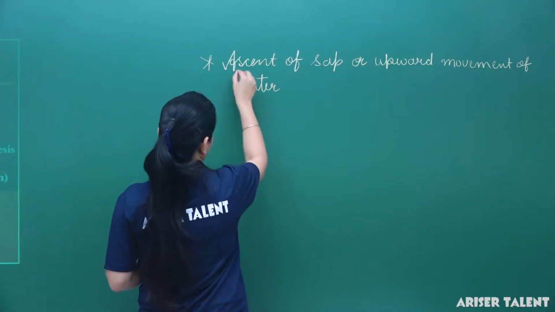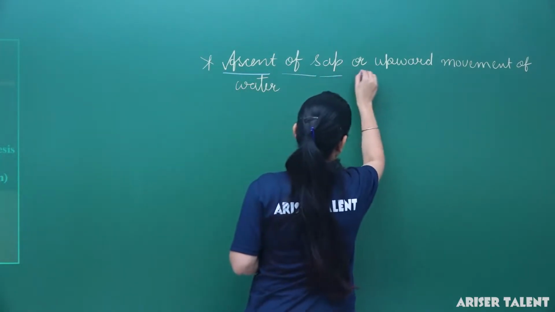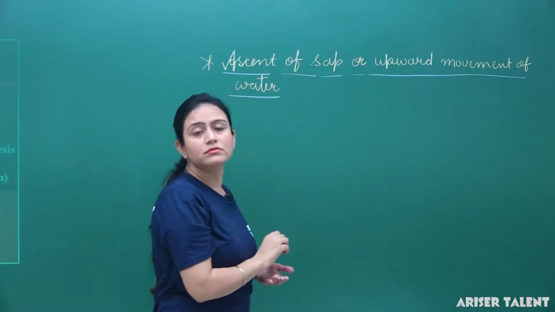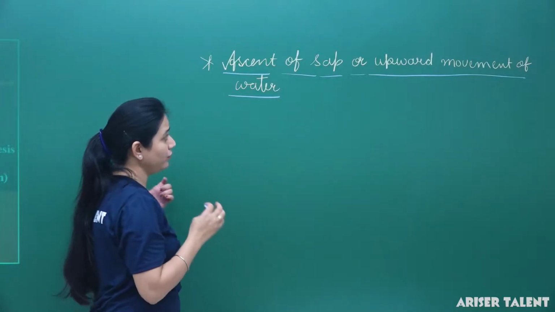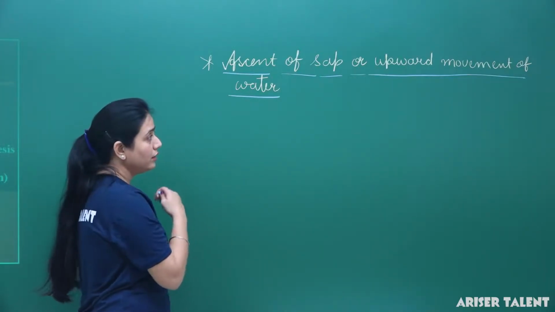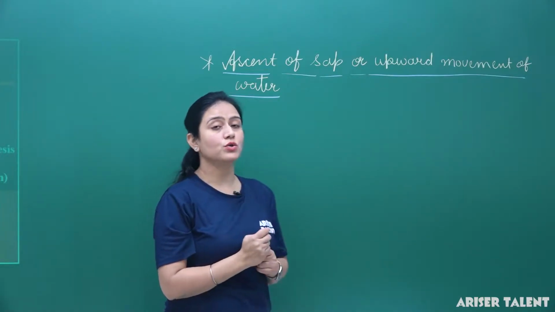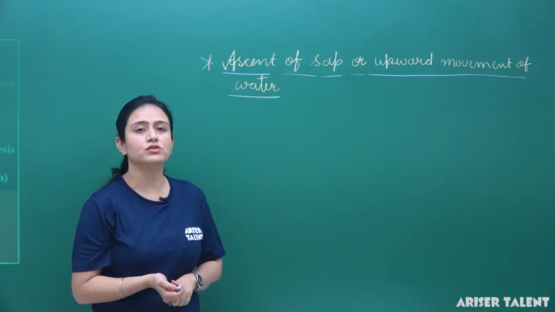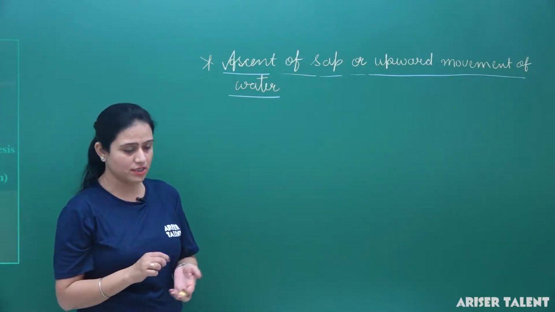In our previous lecture we talked about absorption of water and minerals by the xylem, vessels and tracheids. Now we will talk about how this water moves upwards to the different parts of the plant. Many theories are given to understand this process of ascent of sap, but only two theories are famous.